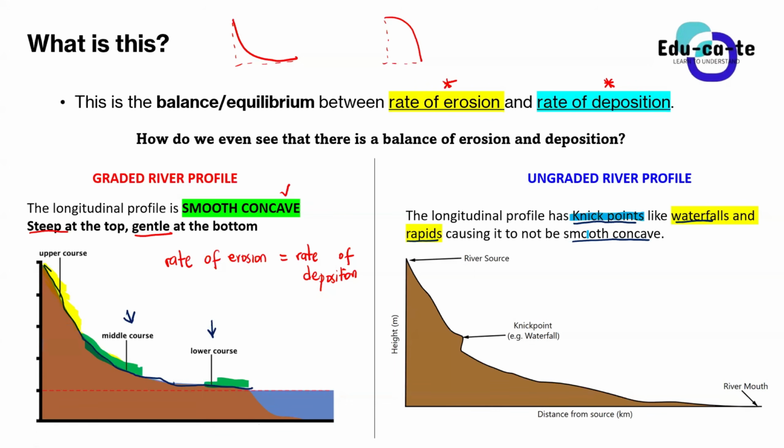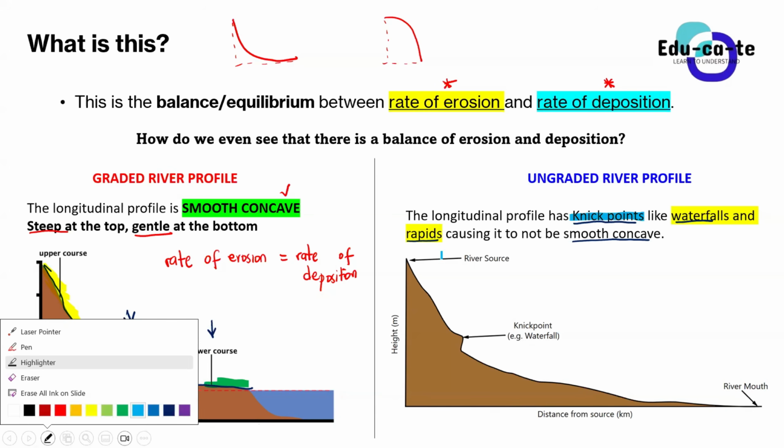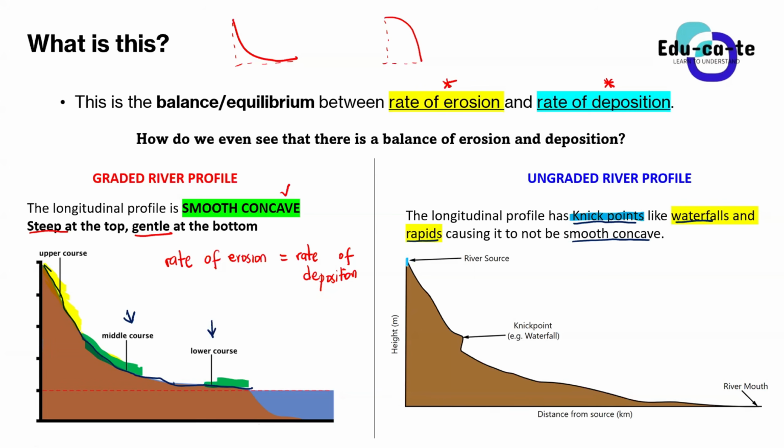Okay, for example, if we look carefully at this particular river, you can see that the water is flowing from the source here. So this is more like the upper course, right? It is flowing from the source and it is flowing down, and then when it gets to this point here that is labeled as a nick point, there is a very sharp change in gradient, or the direction of the river changes rapidly.